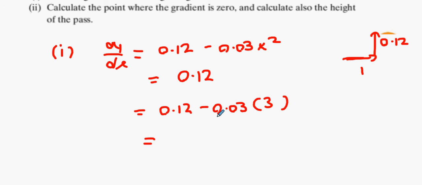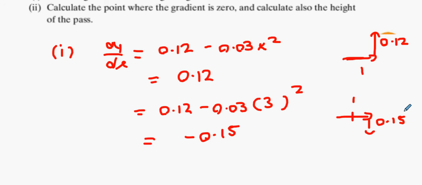Whoa, I think we made a mistake. Oh, sorry, 3 squared. There we go. 0.12 minus 0.27 is minus 0.15. This means at the end of the trail, for every 1 kilometer you go across, you're going to descend 0.15 because you're on your way down. Hope that makes perfect sense, does it?